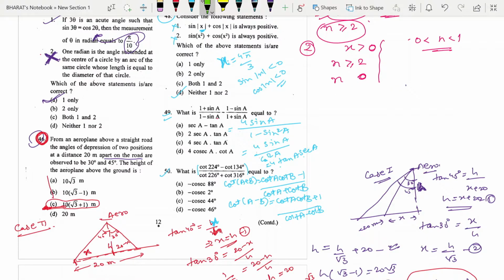Now when we go to solve this equation, I'm not writing it again here as this is clearly visible. Cot A minus cot B will be equal to cot A cot B plus 1 upon cot(A−B).